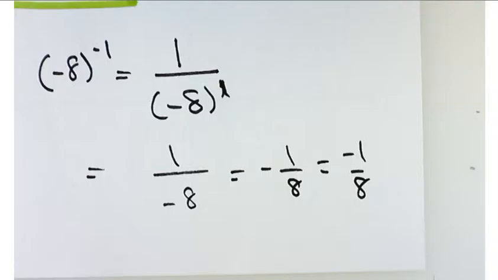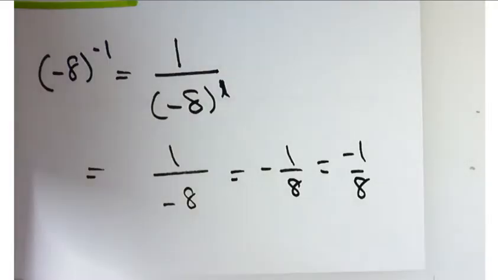All right. Thank you, ladies. Let's try a couple more here. I'm going to do problem number 30, and I'll give you a chance to do problem number 32. So we'll start with 30, which is negative 9 to the negative first power plus 9 to the negative second power.